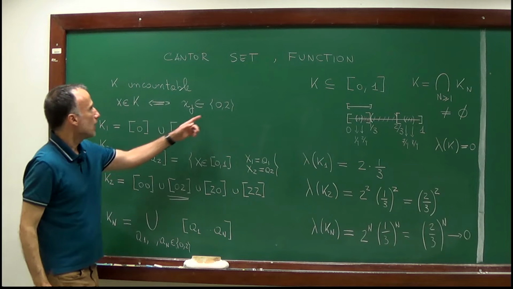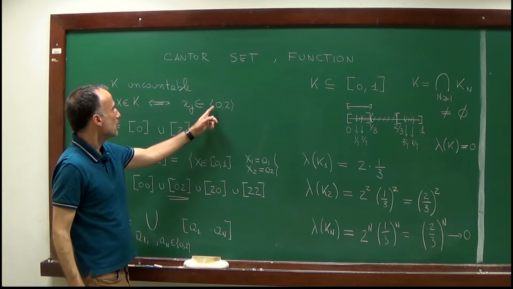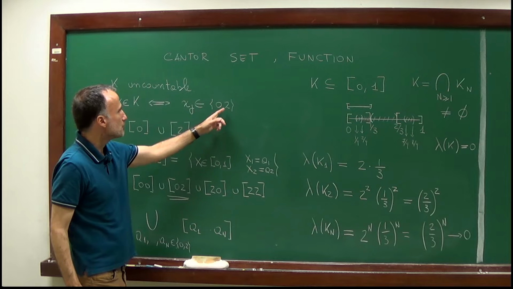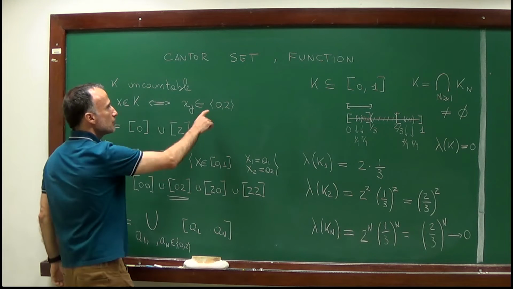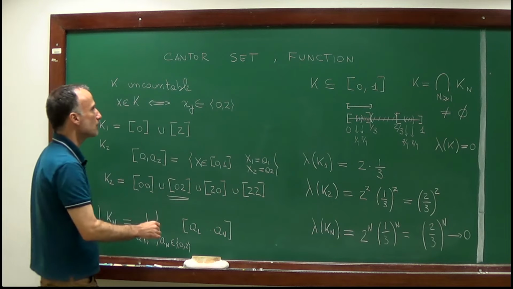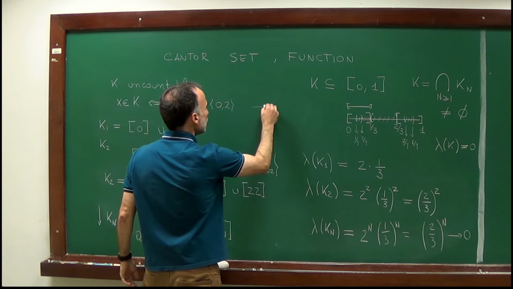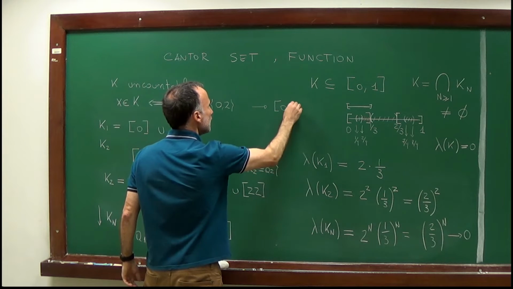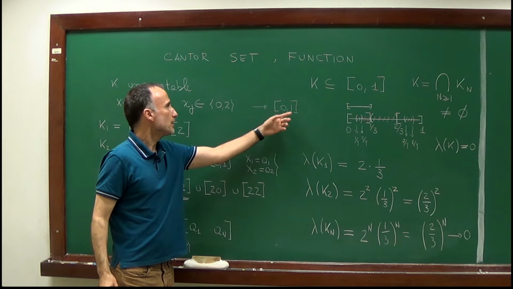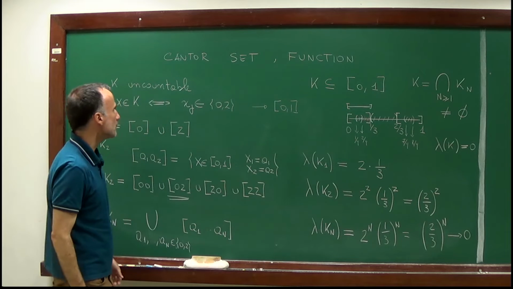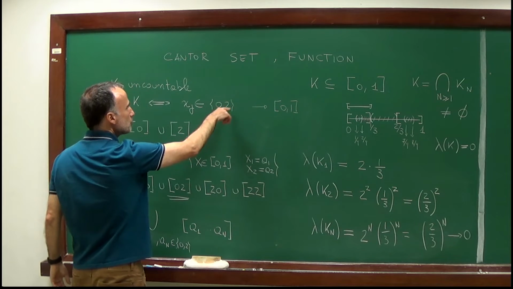And of course, the set of points whose base 3 representation uses only digits 0 and 2 is uncountable, because you can make a correspondence with this set and the interval 0, 1 by taking the binary expansion and by dividing these digits by 2.